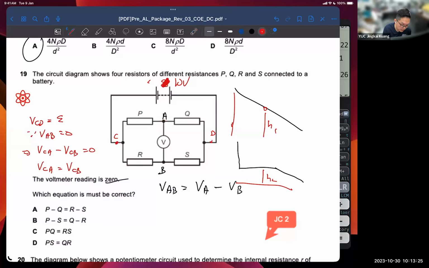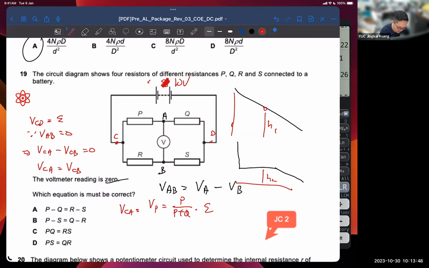Once we have that, we can form the relationship in terms of the potential divider. Let's try to find VP. VCA is equal to VP. VP is just the resistance of P over the resistance of P plus Q, times EMF.